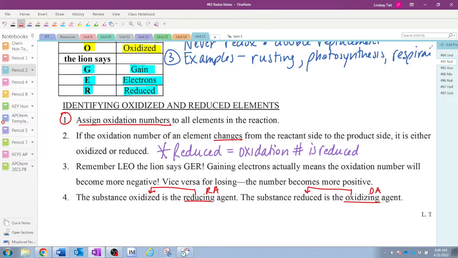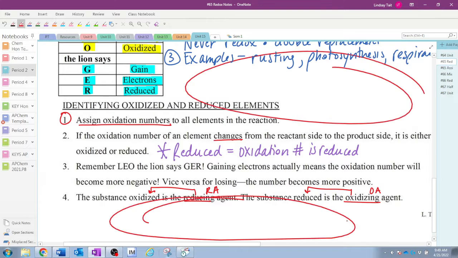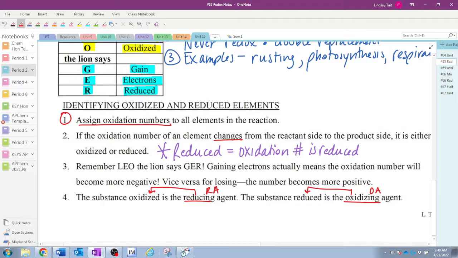All right, so I'm going to do 2 examples that we're going to try to fit on here. I'm going to do one example up here and another one down there. So bear with me here. All right. Example 1. We're going to do rusting, the equation for rusting. So we have 4 atoms of iron plus 3 molecules of oxygen yield 2 formula units of Fe2O3.